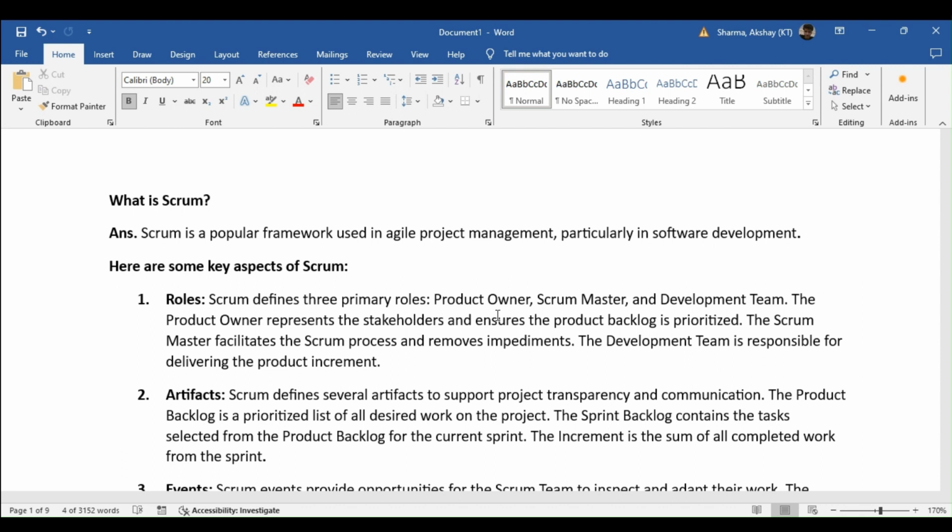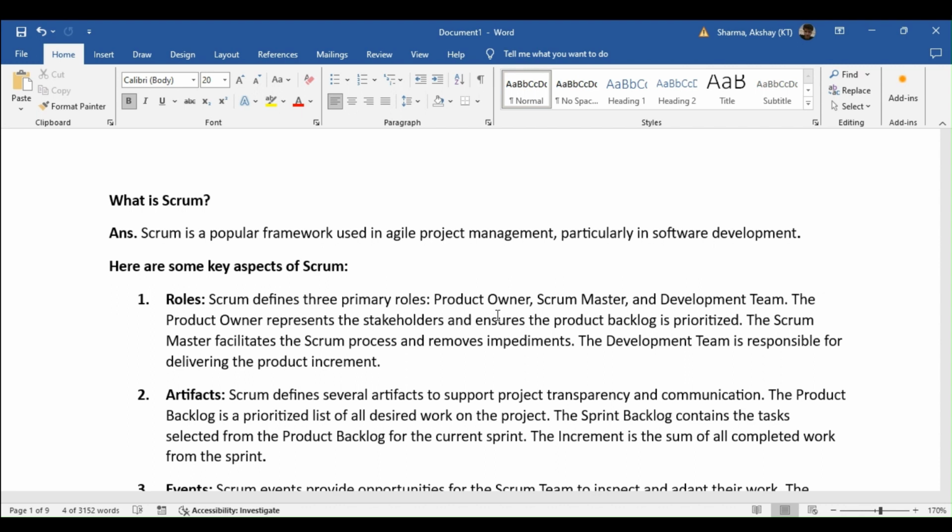The product owner represents the stakeholder and ensures that our product backlog is prioritized. Product backlog means tasks with more dependencies need to be completed first. That will be defined by the product owner because he'll have end-to-end knowledge of the product that is going to be developed.